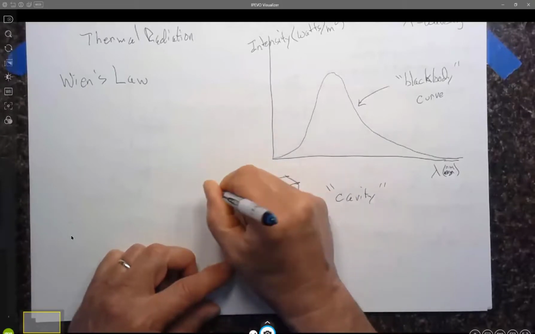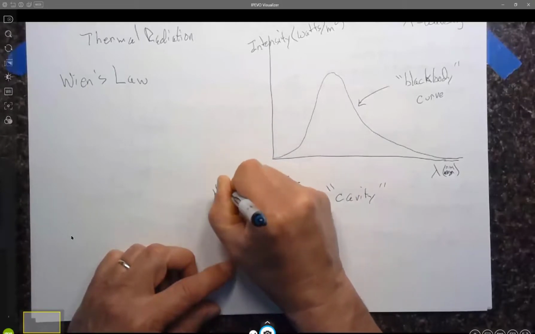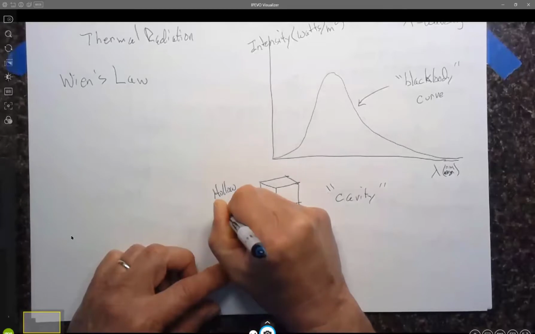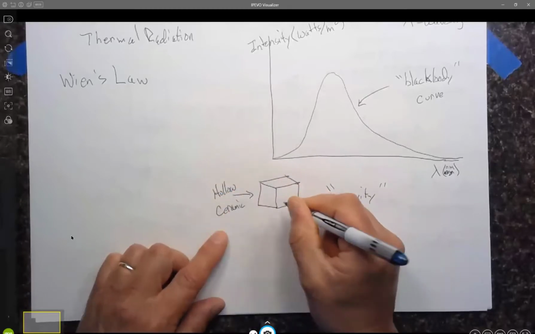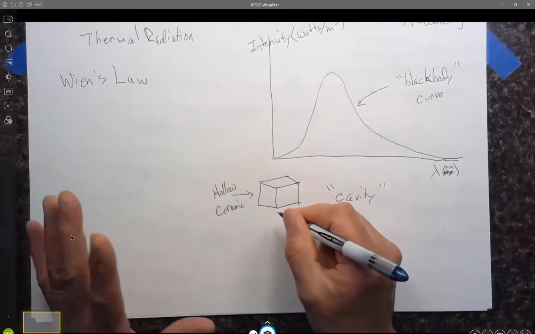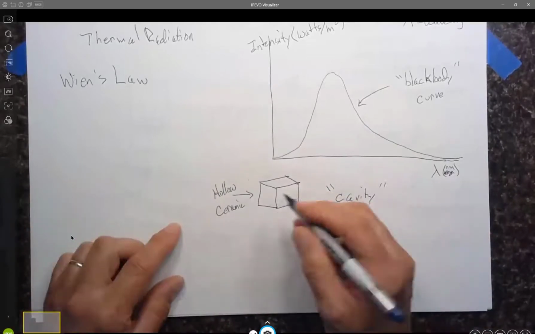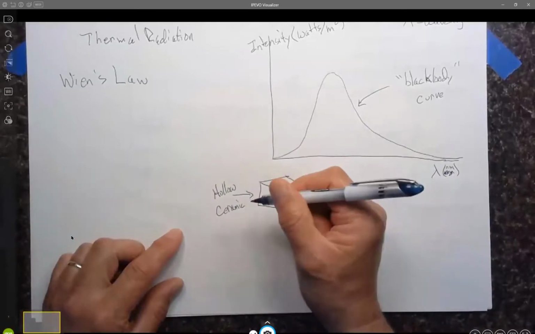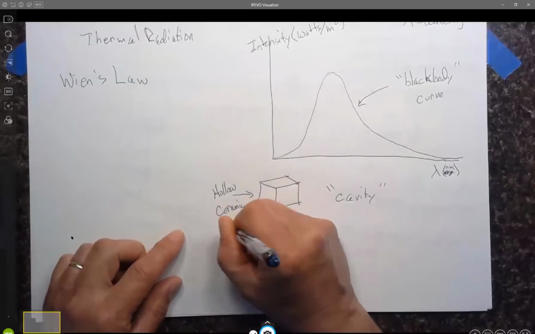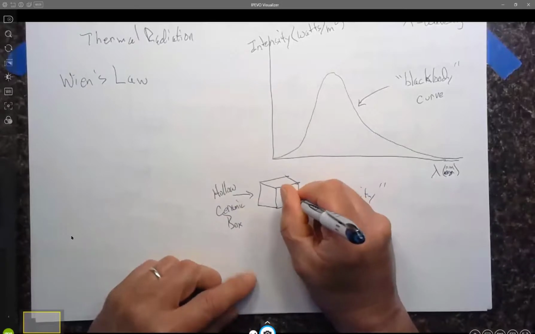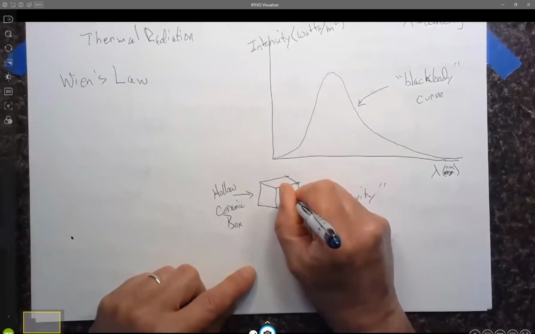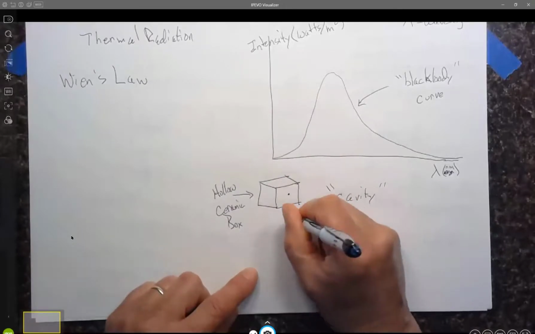This is kind of crazy, but make it out of clay and you fire it in a kiln and you dry it out and turn it into something ceramic. Anyway, they did this, and then in that hollow ceramic box, they drill a tiny hole. That's the cavity.